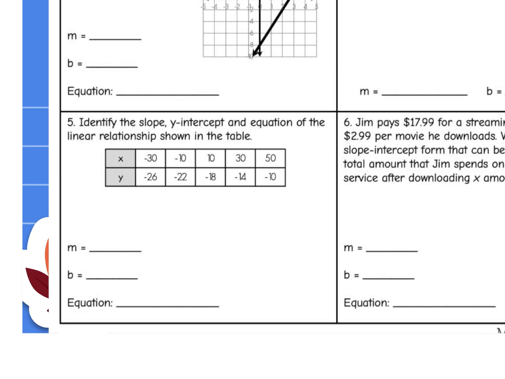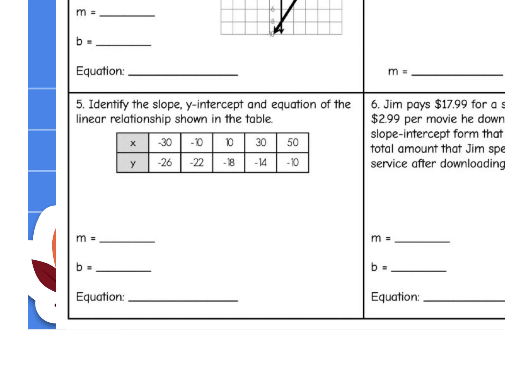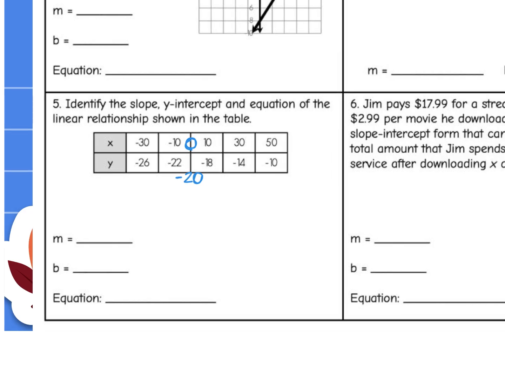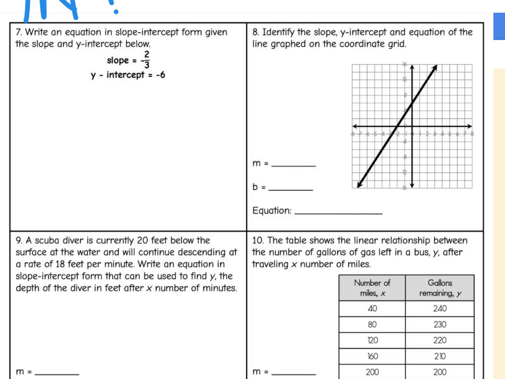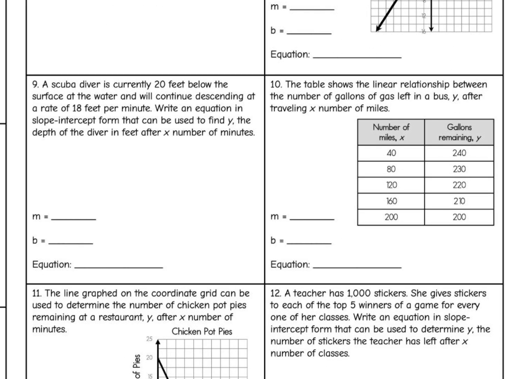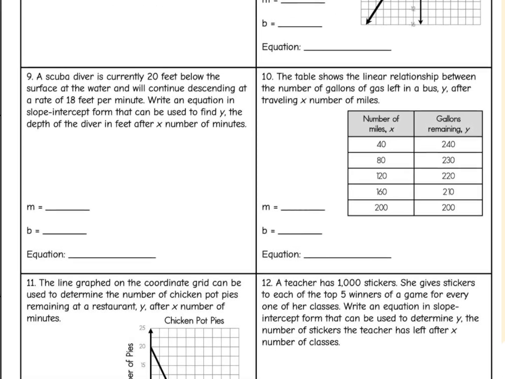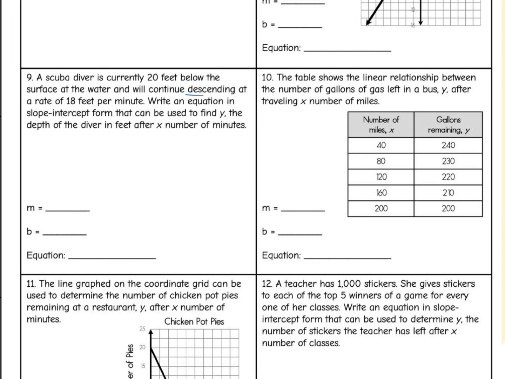All right, real quick on number 5, notice the 0 is missing, and I'm going to tell you that it is 0, negative 20. So I'm going to let you write that one in. Then we have a word problem. 7, you're writing the equation. 8, you have a graph, write the equation. 9, writing equation. There's that word descending again on number 9, so think about what that means.